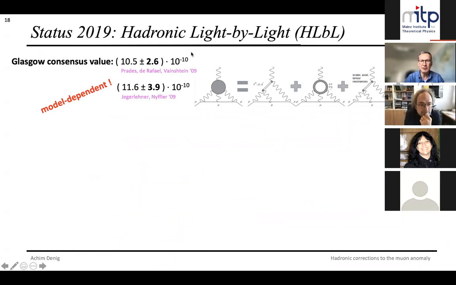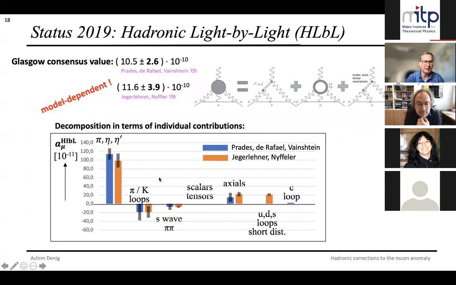Essentially, what one knows is that one has to decompose this hadronic bubble here in terms of individual contributions, pion exchange contributions, loop contributions, contributions due to scalars, axial tensor resonances. And if you look at the individual contributions, you realize that the pseudoscalar contribution here is by far the dominating effect, with a large uncertainty here.